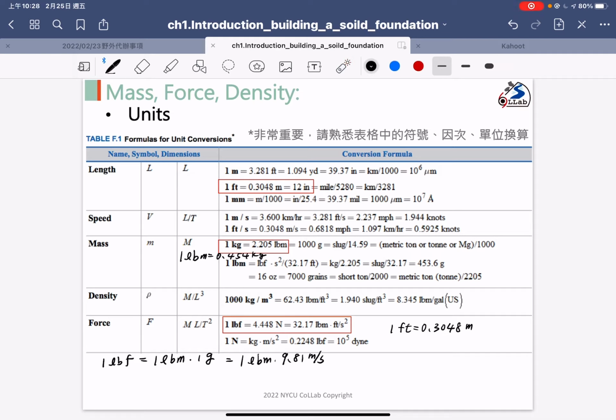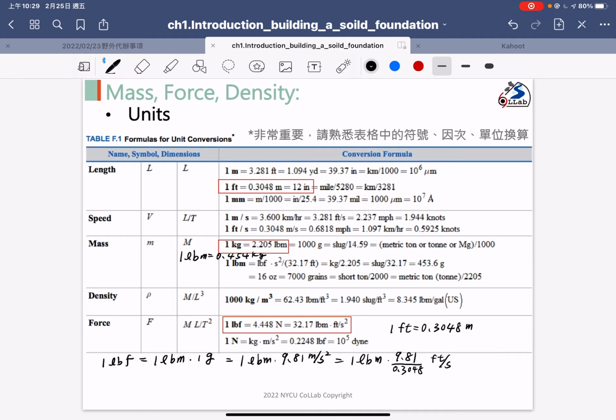So actually, how to do that? I know the 1 pound force. I keep it, and I keep the number 9.81, but the meter should be converted to ft here. So I need to divide it by 0.3048. And the meter will change to ft, per second.